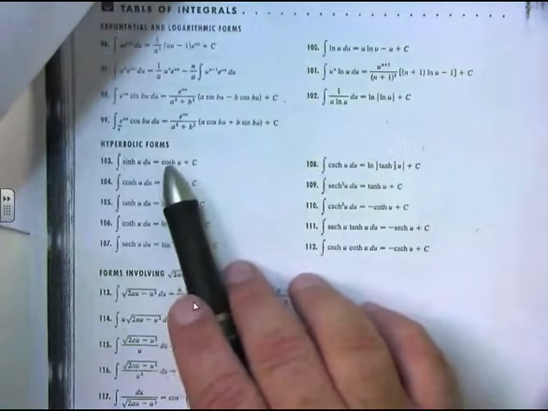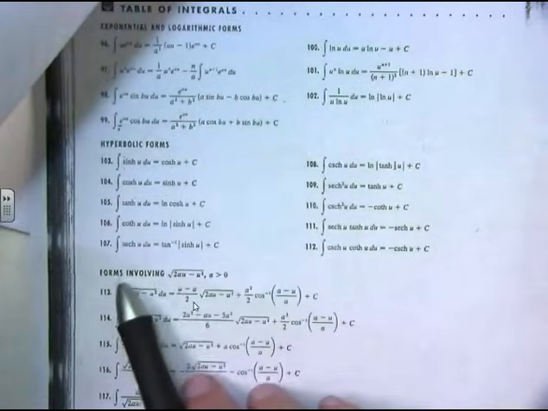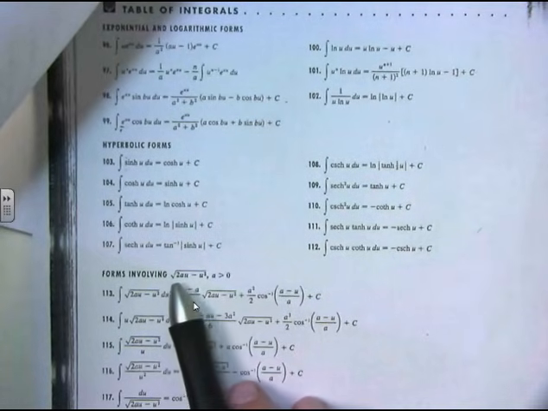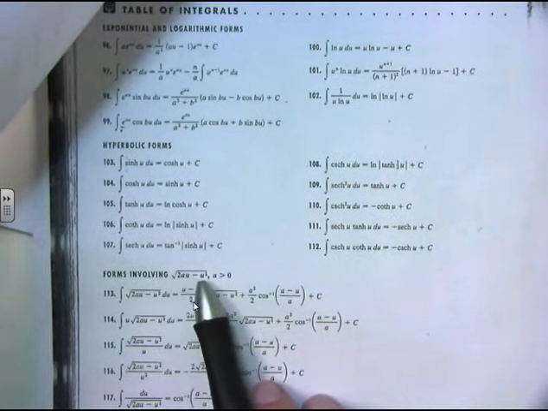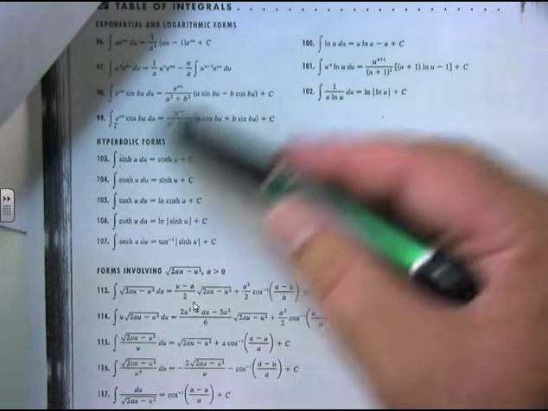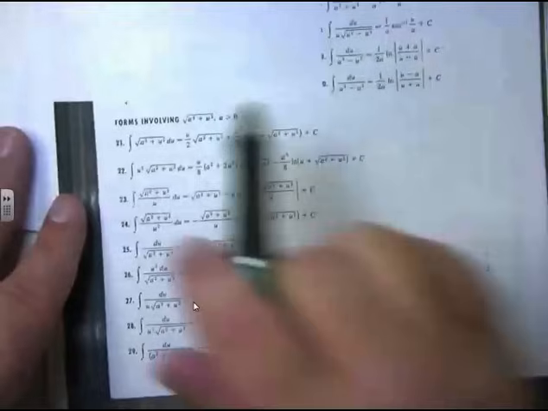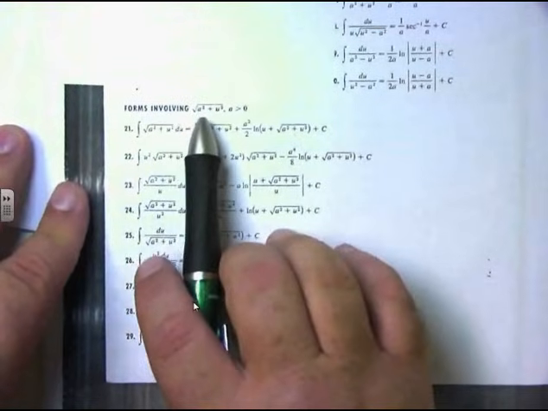Forms involving hyperbolic formulas. Forms involving the square root of 2au minus u squared. And again, this is just like the classic CRC handbook tables where they have a bunch more formulas, and they're all broken into what the formula that you're trying to integrate looks like.